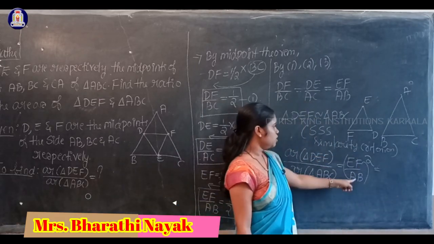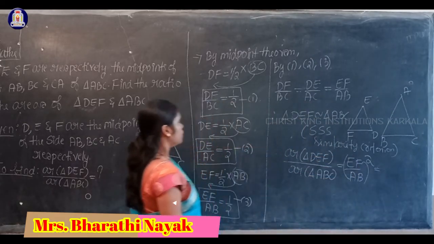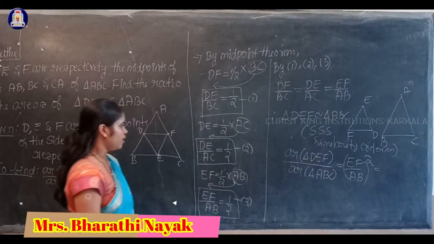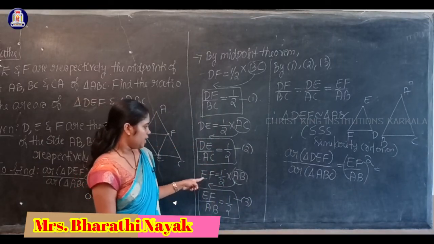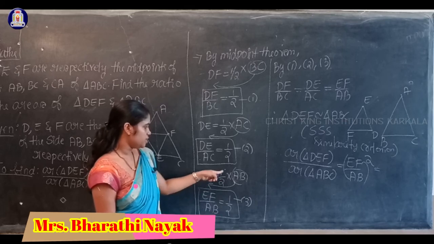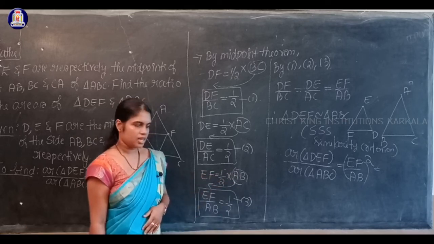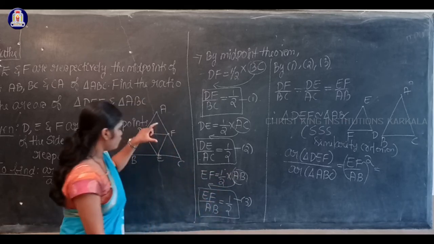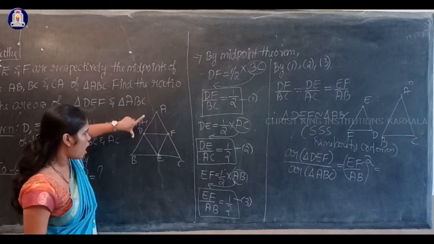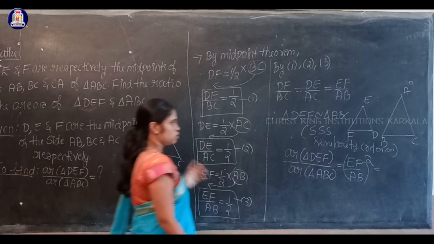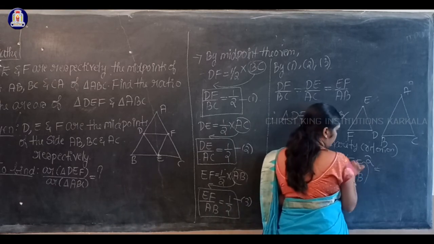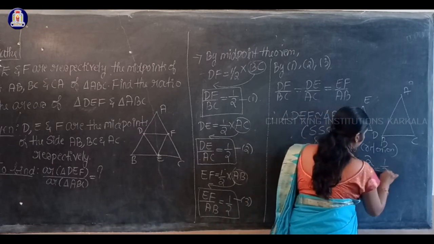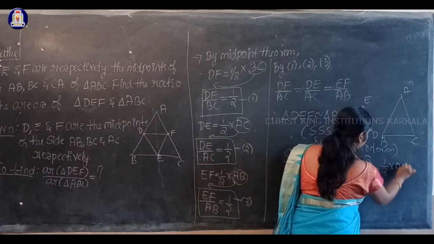what is the relation between EF and AB? Whether EF is equal to half of AB, yes, whether the length of EF will be half of AB. So therefore in the place of EF I'll replace half of AB.